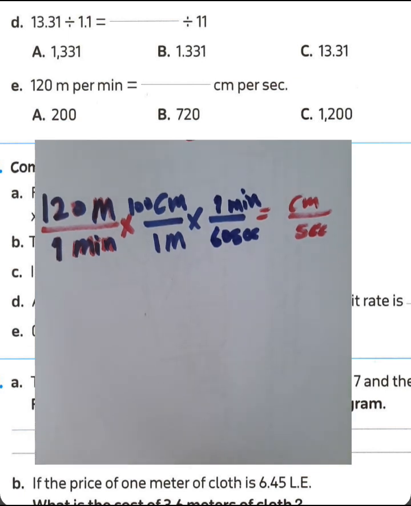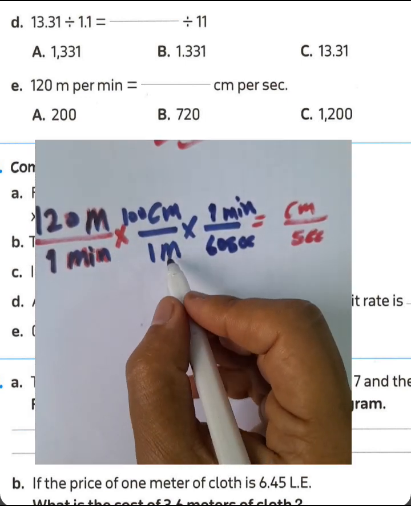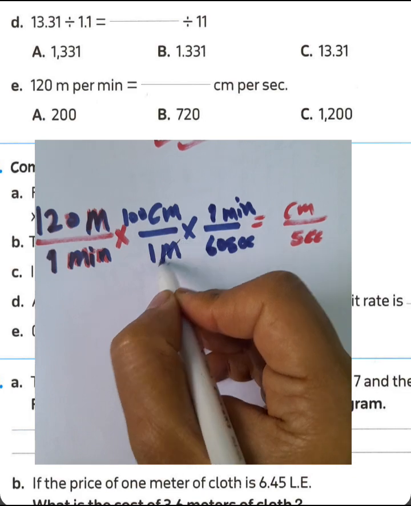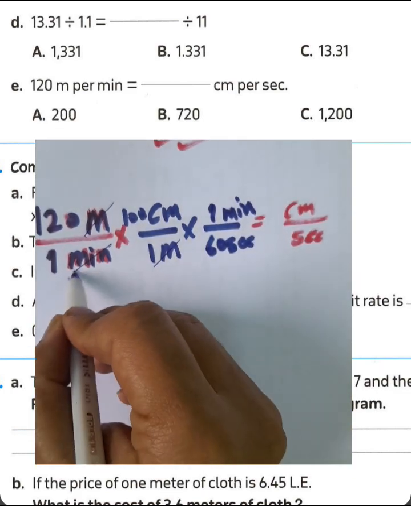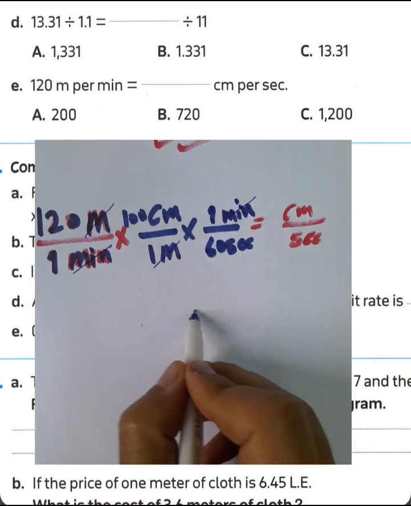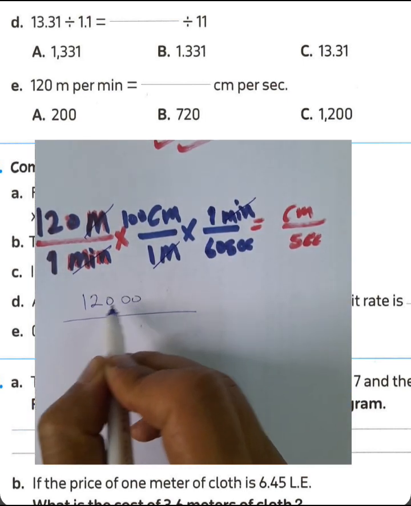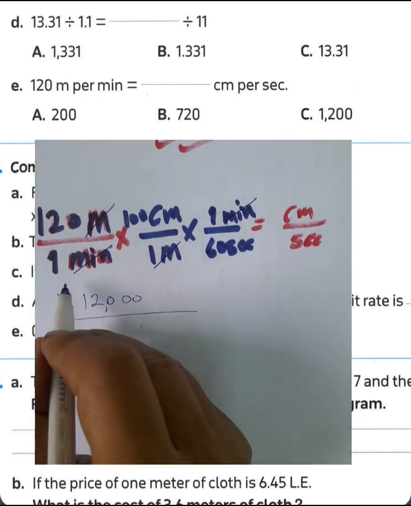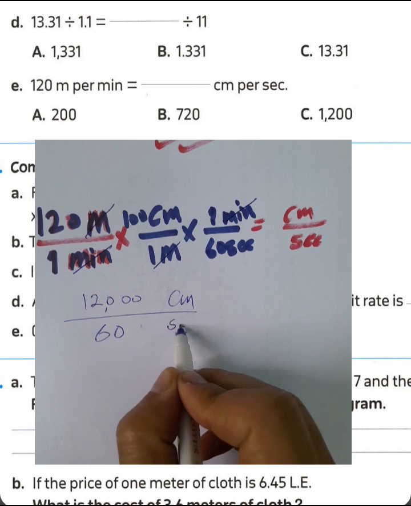Okay, again, first step, we must cancel what? Cancel meter: write meter down and centimeter up to cancel meter by meter. And we want to cancel minute, this unit, and leave second. 120 times 100 will be 12,000, and 1 times 1 times 60, in centimeters per second.